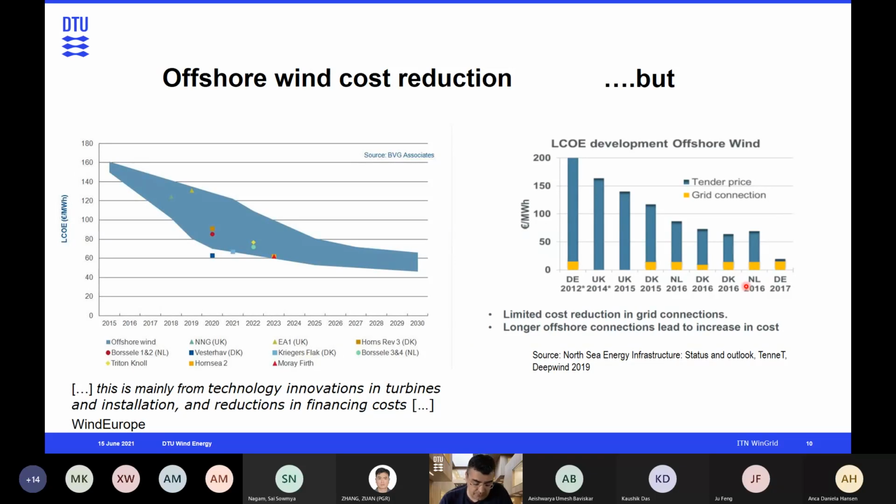So grid connection for offshore wind is one of the areas where not much cost reduction has happened. And of course, there will always be limited cost reduction you can do, especially when we are moving further away from shore, because the distance from shore is one of the very important cost drivers for the grid connection of offshore wind.